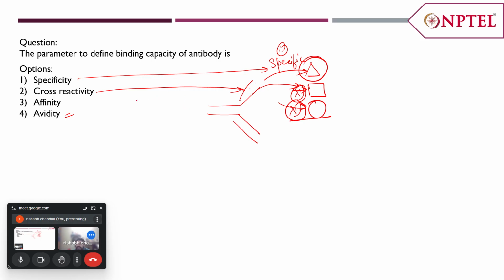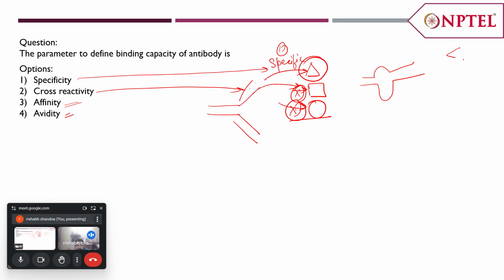The third thing is affinity. That means how strongly the epitope is binding to this particular antibody. For example, if we have a shape of the antigen binding site like this, this is the region where the epitope will bind.